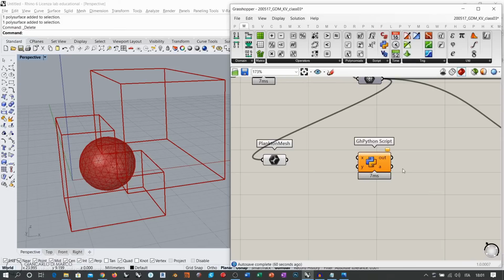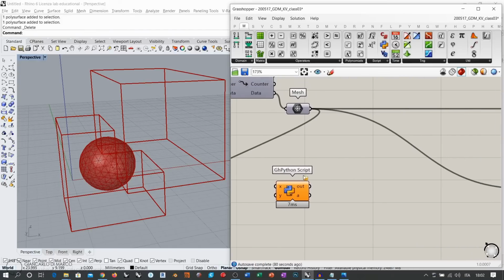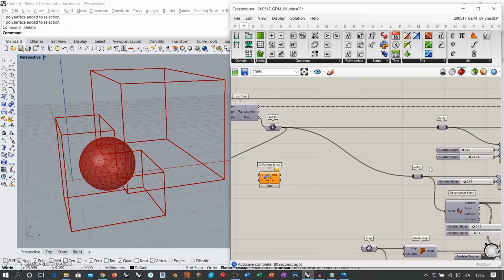What I'm going to program here is, I normally tend to give correct names to variables and to outputs also. So as I'm working with some scripting, I will eventually perform the conversion from Plankton mesh to mesh inside this component in order for this to output exactly the mesh that Kangaroo needs.